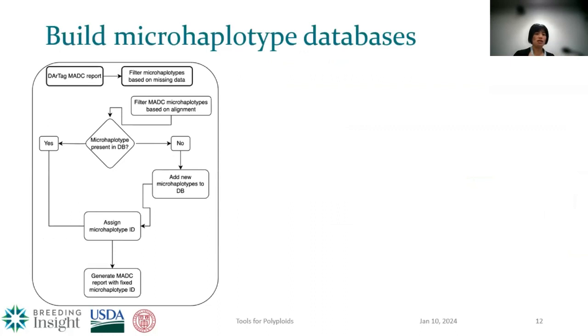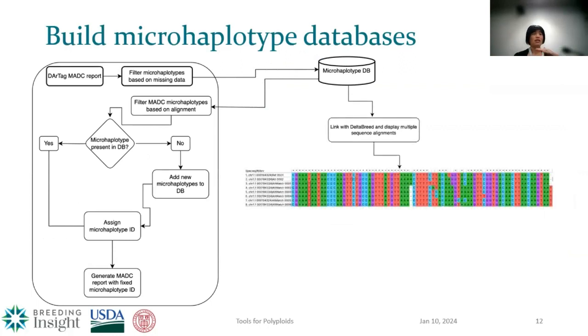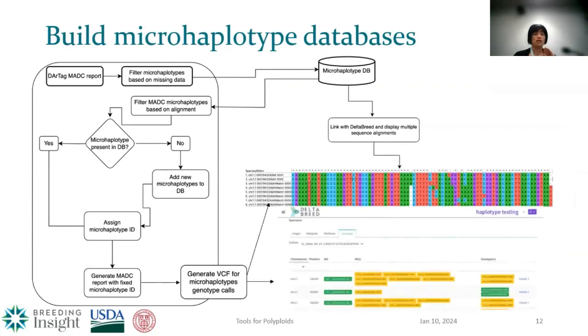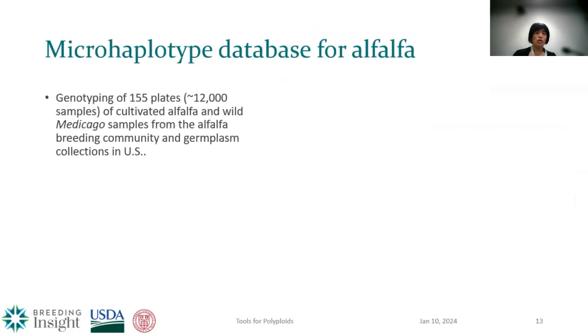For building this microhaplotype database, after we get the report from DART, it will talk with a microhapdb hosted by Breeding Insight. Then we do multiple sequence alignment for all the microhaplotypes for a specific locus. In the meanwhile, we generate a VCF so that you can view the genotype on Breedbase. Just to give you an example, here is the database for alfalfa.